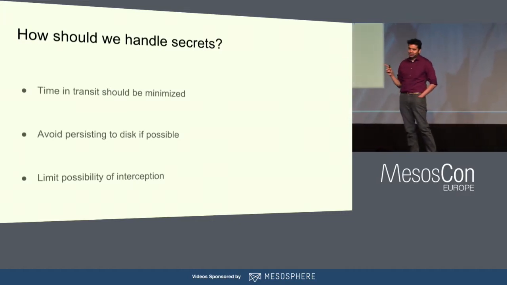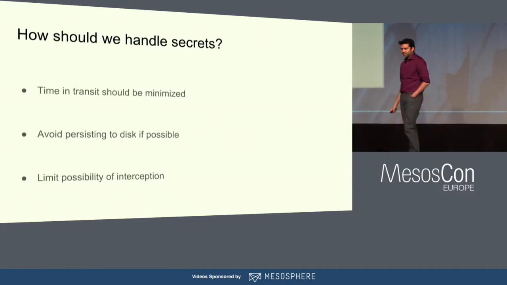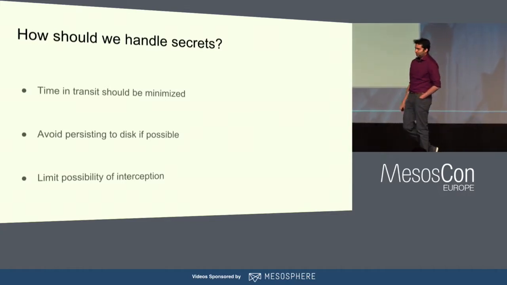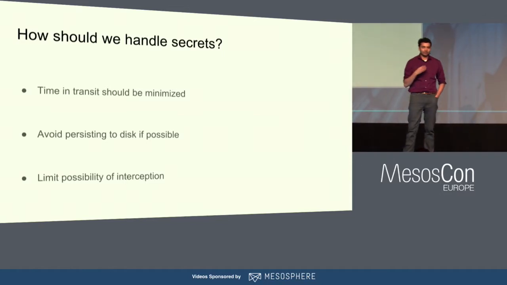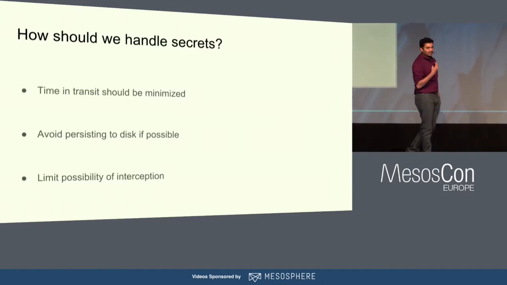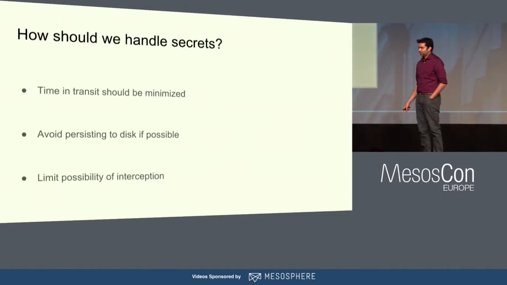The next thing is you should try to avoid persisting the secret to disk if possible, because even when the app terminates, if the secret is still on disk, there's high potential that it could get compromised. If someone gets access to the machine and is able to look at the file system, they can see the secret. So usually you should try to avoid persisting it to disk.